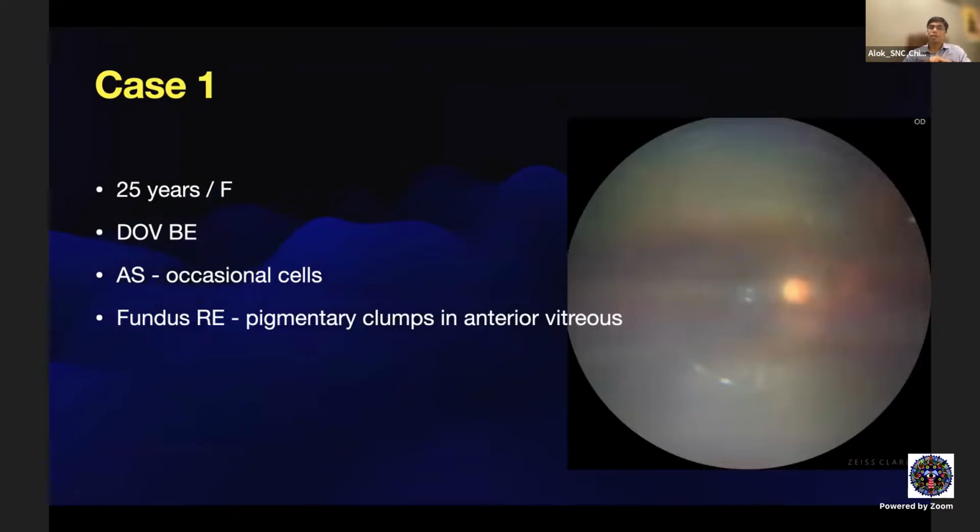What you can see essentially is the posterior pole with a normal-looking disc, and the retina, at least the posterior pole, appeared attached. What we could also see was pigmentary clumps in the anterior vitreous space, and that gave us a clue that we may not be dealing with something of uveitis or inflammation in nature. The pigment clumps in the anterior vitreous.